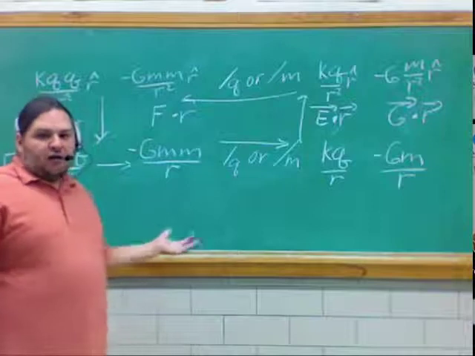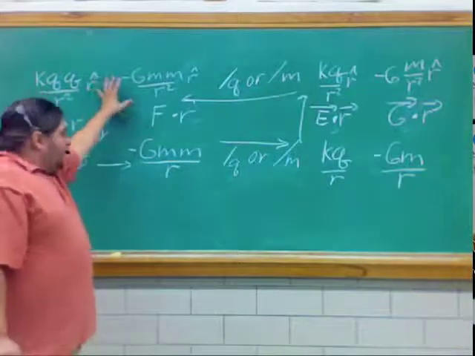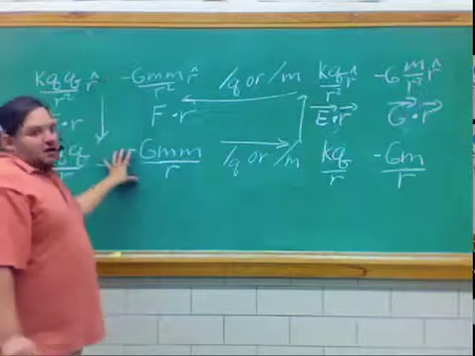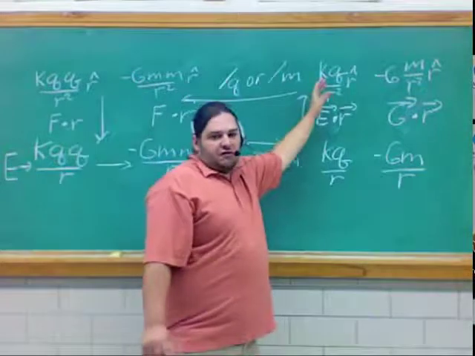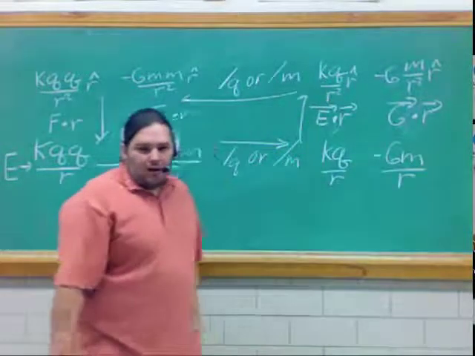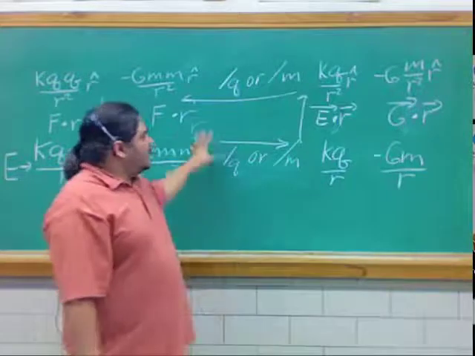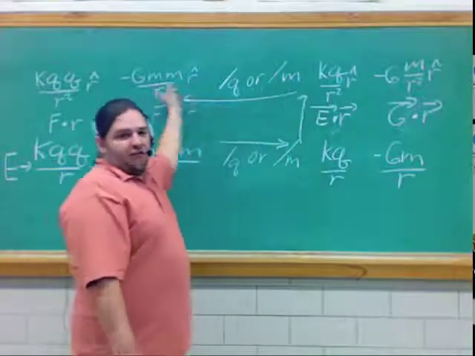So if I'm given an equation, let's say for the force, I can quickly turn that force equation into an energy equation. Or I can quickly turn that force equation into a field equation. Okay? Does that make sense? So that's the interaction between energies, potentials, fields, and forces.